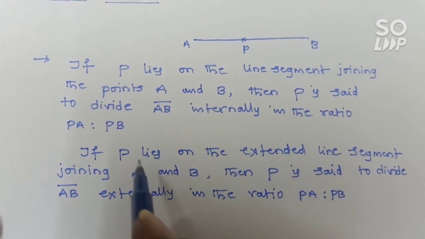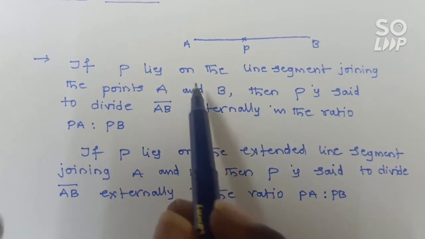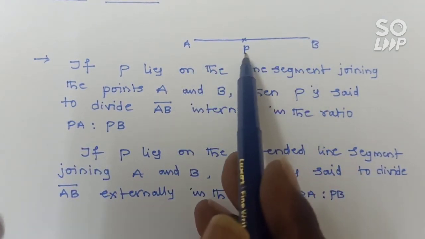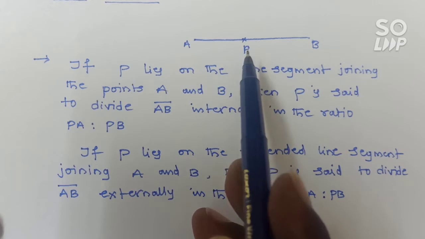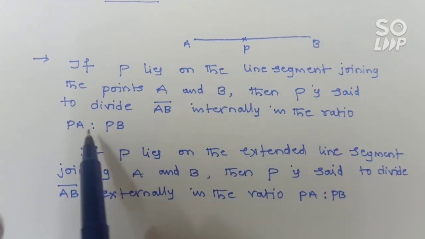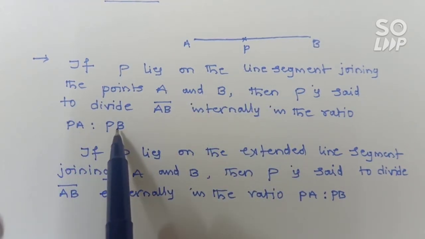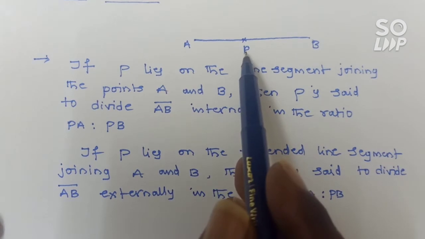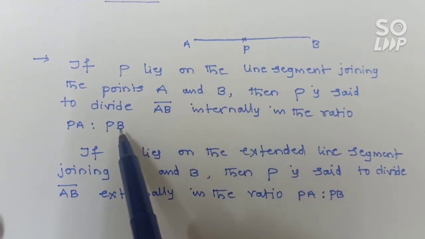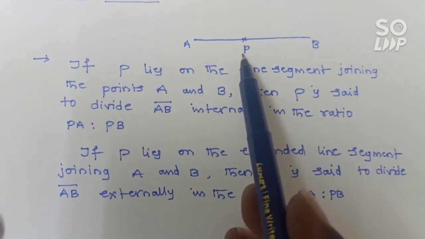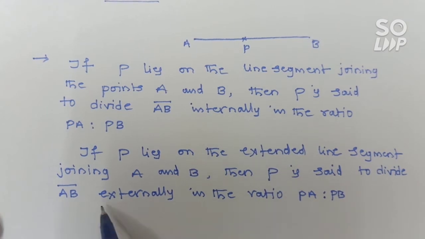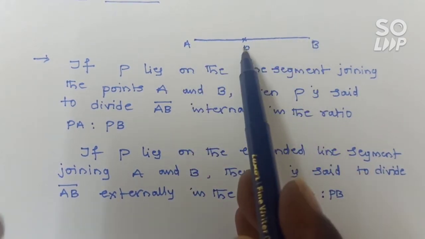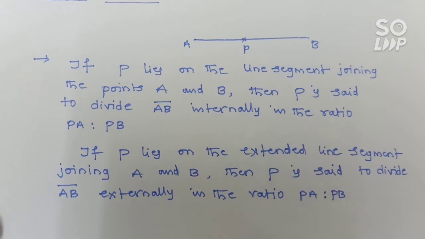That means if any line segment is divided by another point in a certain ratio, if the ratio is positive, then the point divides the line segment internally. If the ratio is negative, the point P divides the line segment externally.